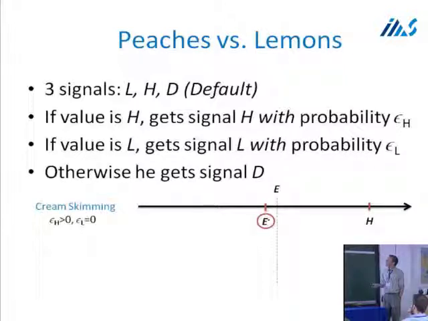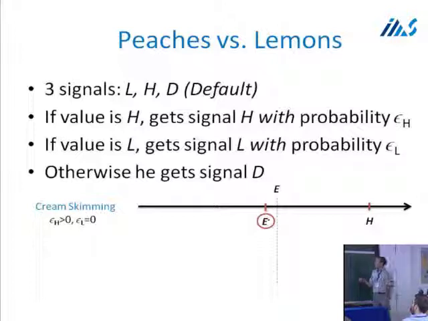The first scenario is what's called cream skimming. Cream skimming is when the informed guy has positive probability of knowing about peaches when there are actually peaches, and zero probability of knowing about lemons. So when he sees a peach, he should definitely bid high, right? He knows for sure that it's a peach.